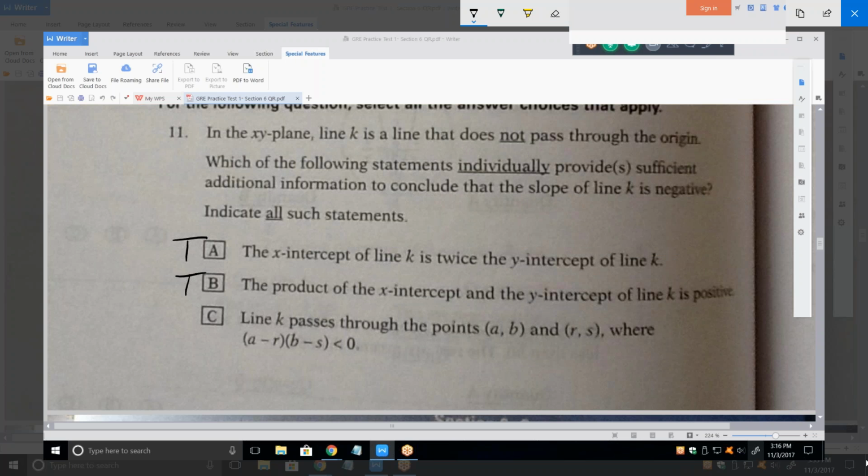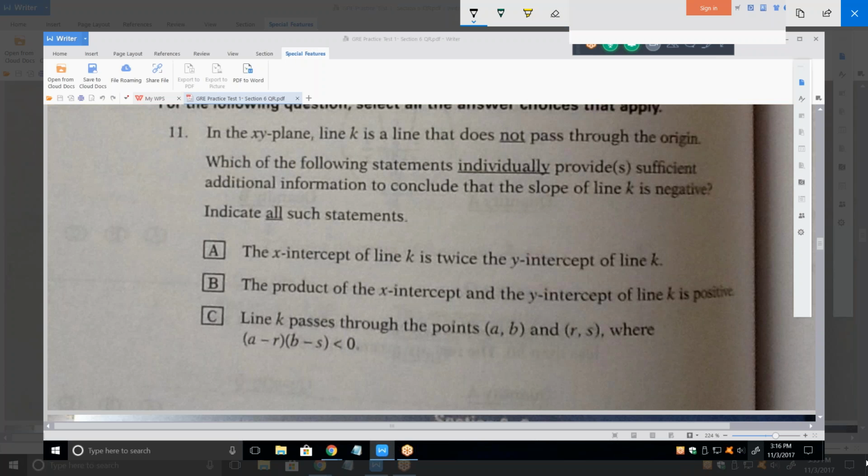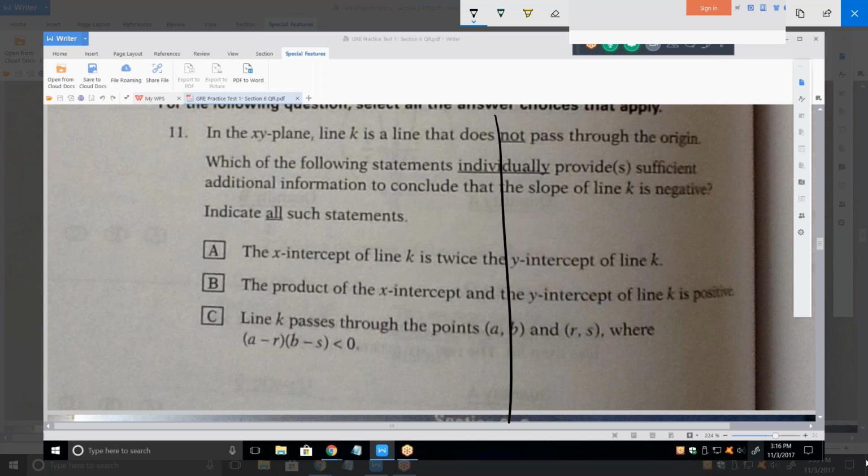Now the toughest one is C. Just draw a normal line. In fact, it might not be a bad idea to draw a negative slope line just to see what they're talking about.